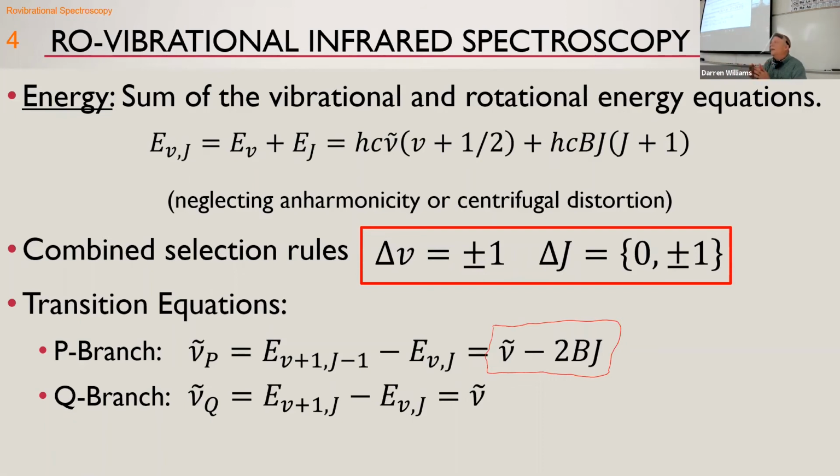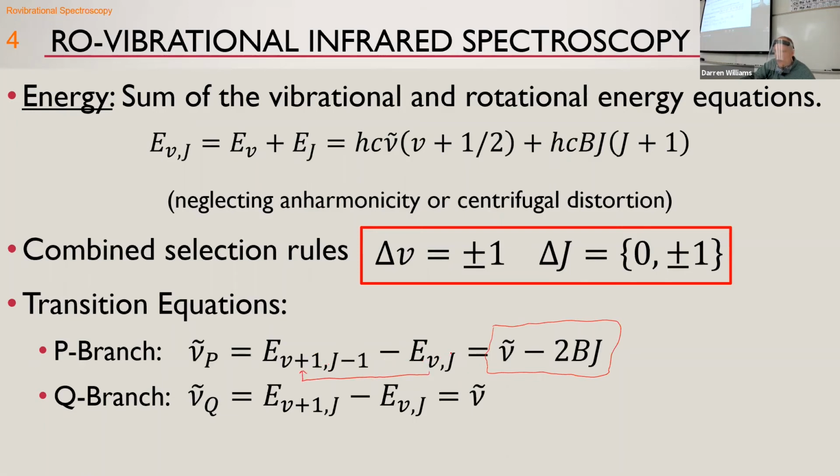So if you want to know the pure vibrational frequency for a particular vibration, find the Q branch and that will be the vibrational frequency. And perhaps you can see what I'm doing with this middle piece of the equation. For the transition equation, I'm going from V to V plus 1.